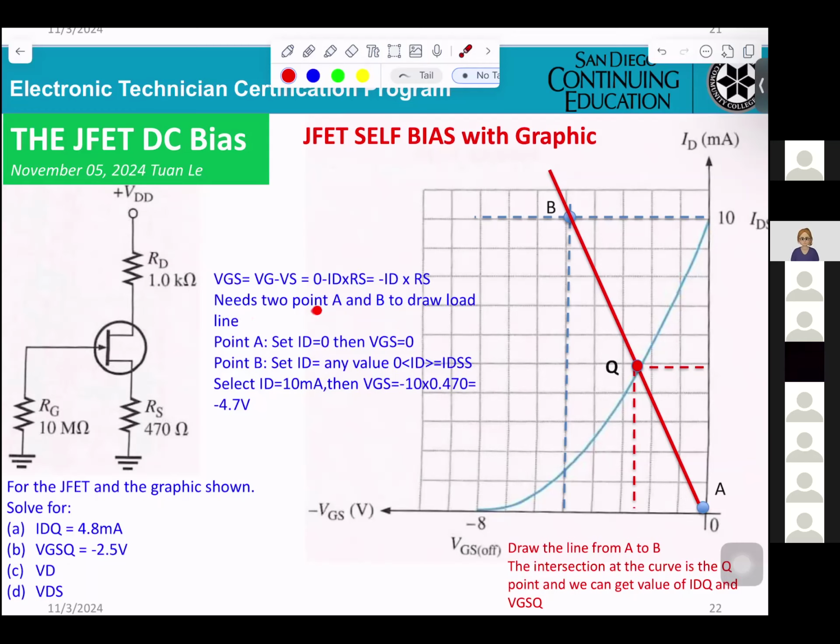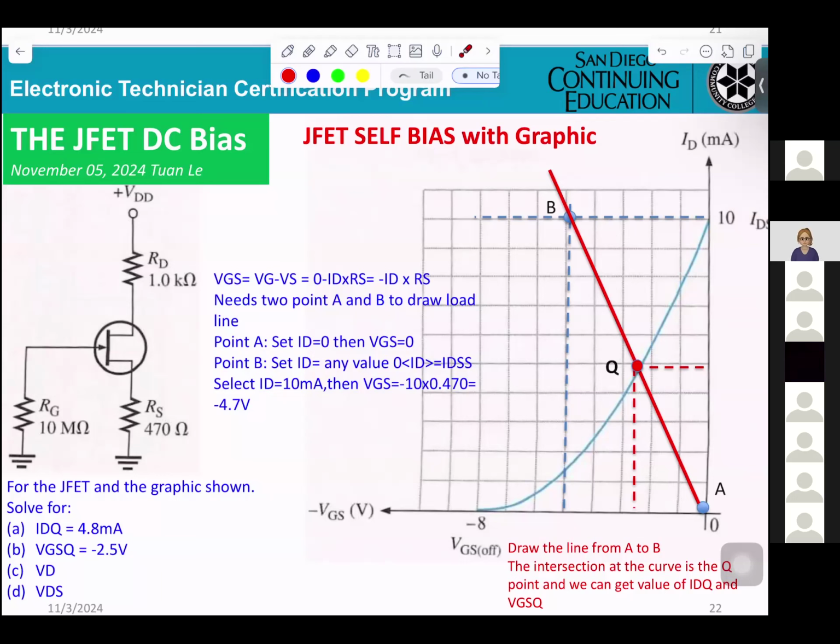Now, you need points A and B to draw the load line. First thing, I want point A with ID 0, VGS 0. That's point A. Very simple. The next one, you want point B. Set ID equal to any value, and that value has to be greater than 0 and less than IDSS.